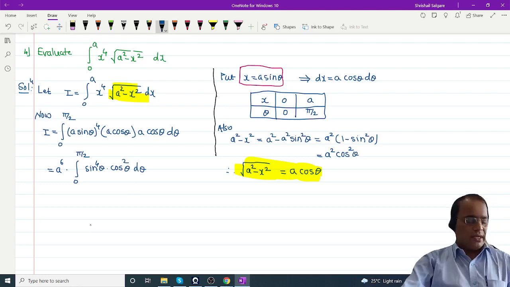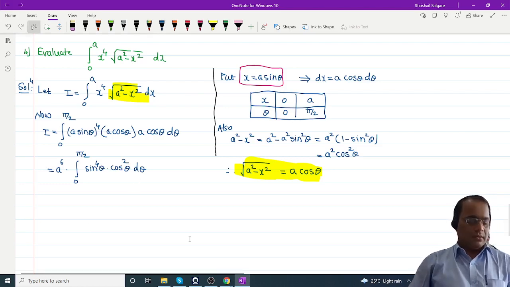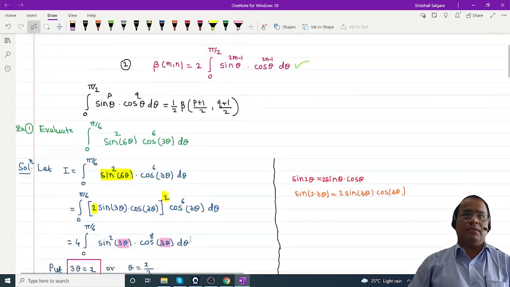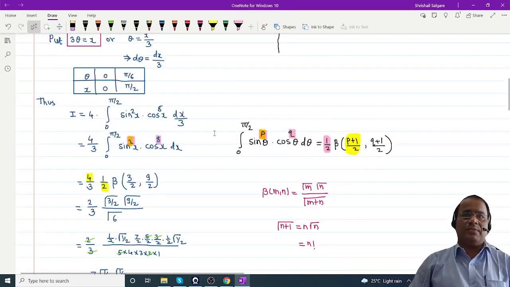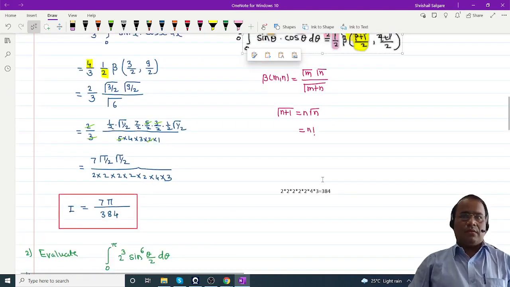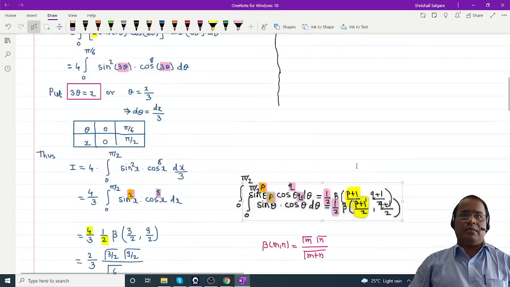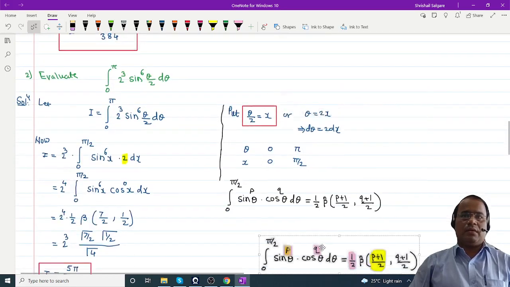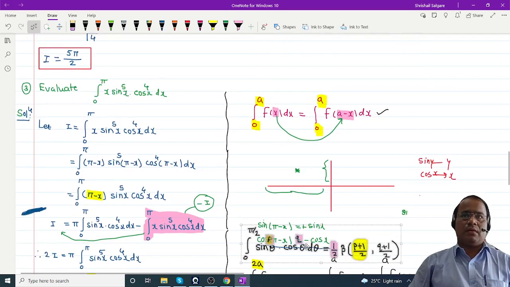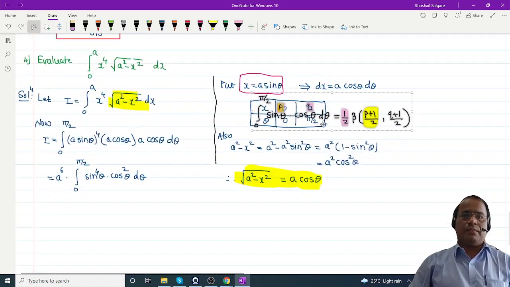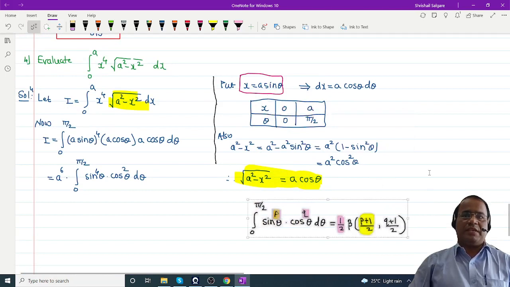Now it comes in the definition. Okay, that definition is not coming. This one I want to paste, Control C. Okay, this definition we are using.